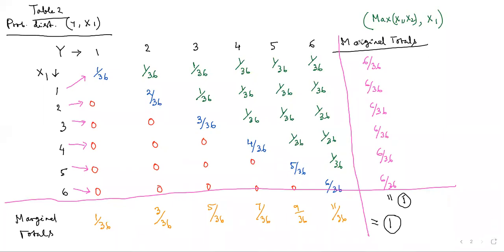First of all, I will calculate the expectation of the random variable y. Then we'll calculate the expectation of the random variable y square, and then we shall calculate the variance of y.